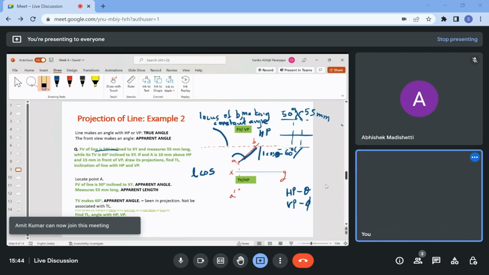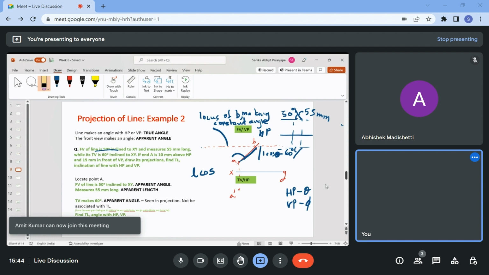This should be L sine theta, and the length of the line which is rotating here is the projection of the line L, which is L cos phi. So the length of this line is L cos phi, and this height is L sine theta. So now I've got this front view.